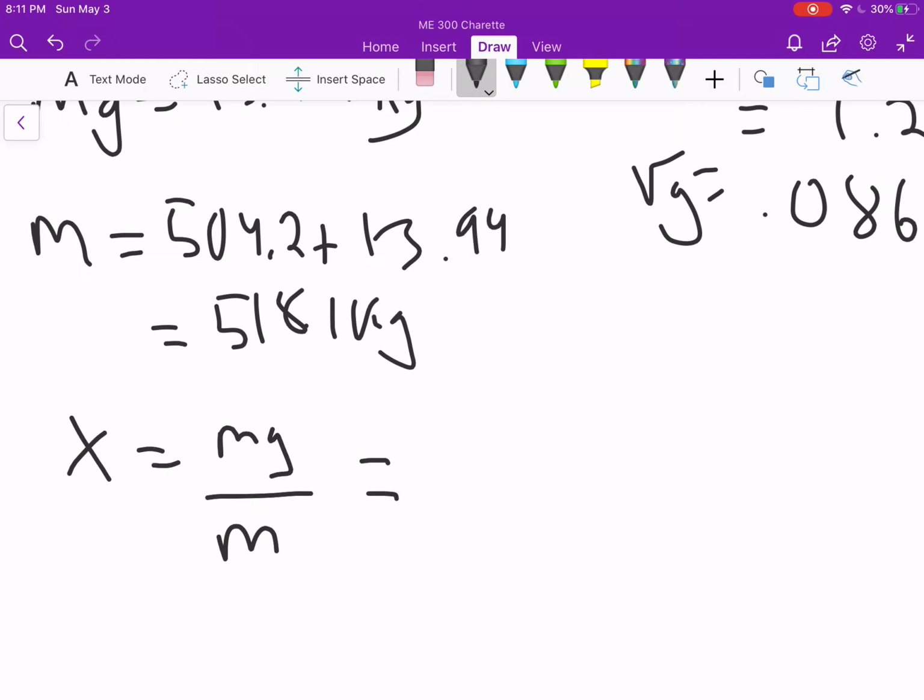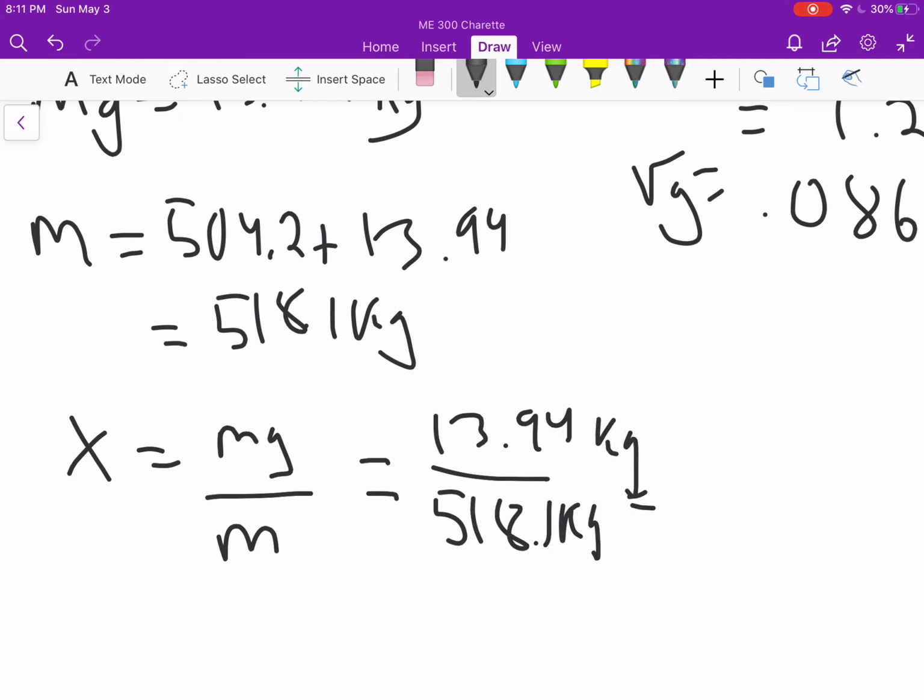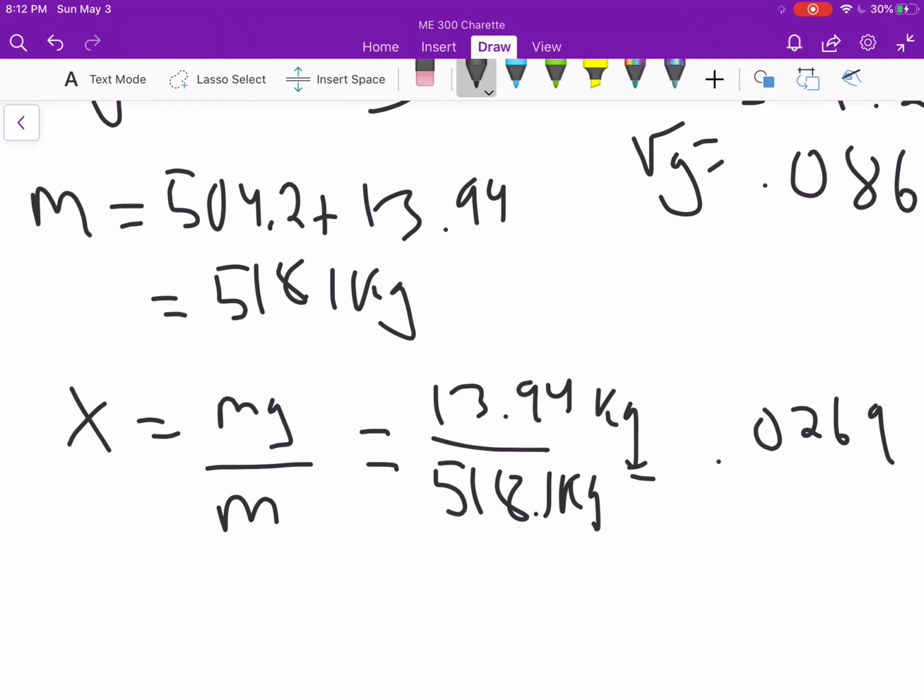That's going to equal 13.94 over 518.1 kilograms. And this comes out to 0.0269. We can use this equation because quality is essentially how much of the substance has turned to vapor, and as we can see, very little of it has.